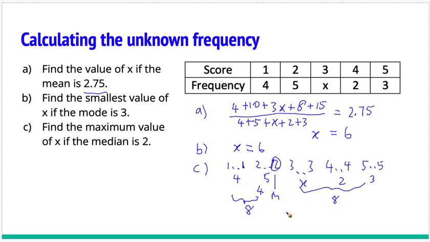Therefore, x plus 2 plus 3 must be equal to 4 plus 4. And that gives us 8 minus 5 is 3. Not the median, the frequency of x is 3.